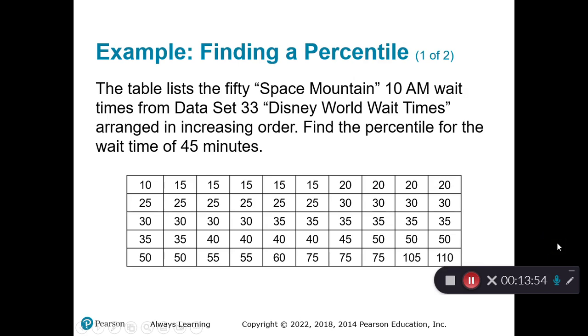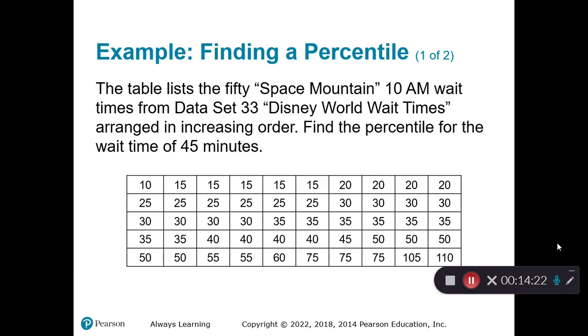So let's take a look at an example. The percentiles are actually quite simple to calculate. A little bit of work to count, but really the calculation is very straightforward. So here we have data values that come from wait times for the Space Mountain ride in Disney World. And we are asked to find the percentile for a wait time of 45 minutes.